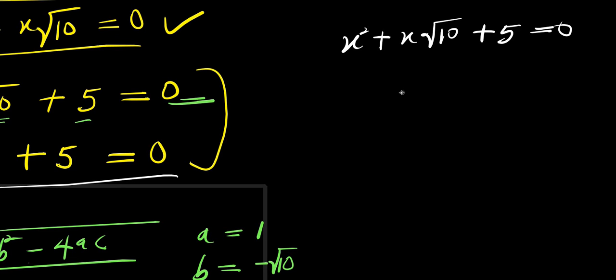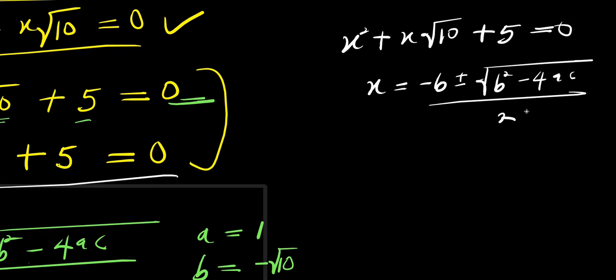We still make use of the formula method. x equals negative b plus or minus the square root of b squared minus 4ac, divided by 2a.